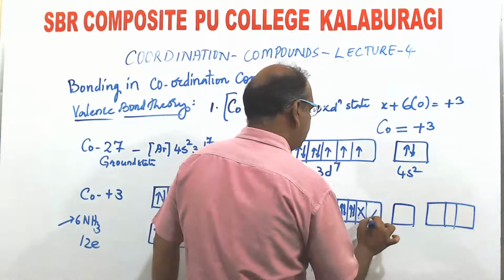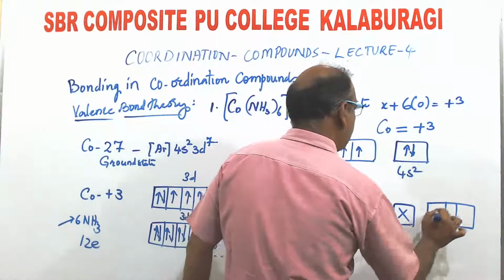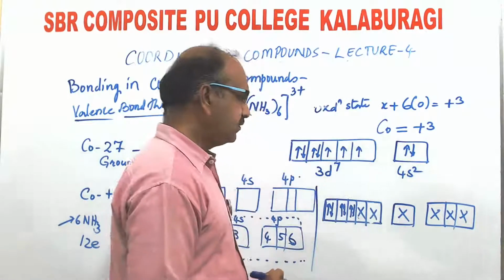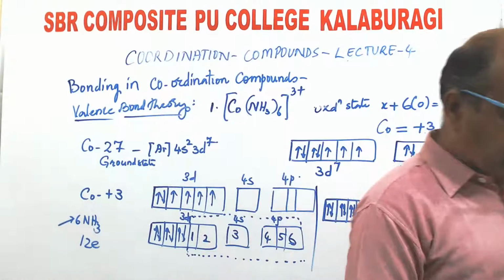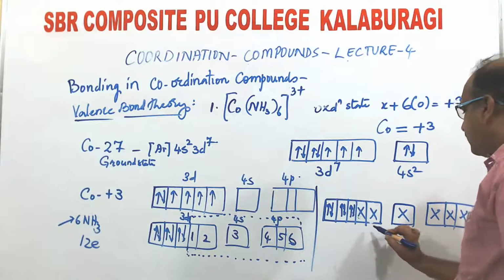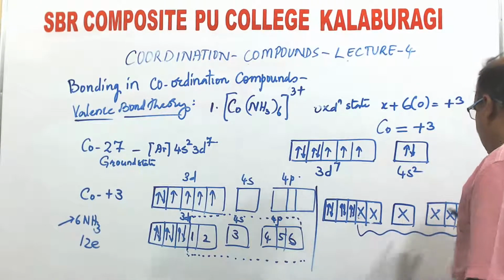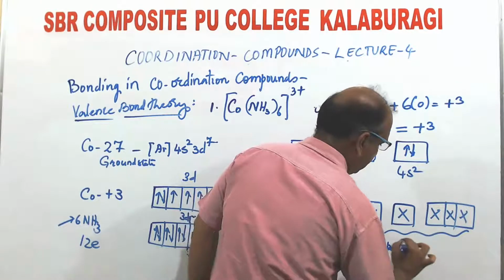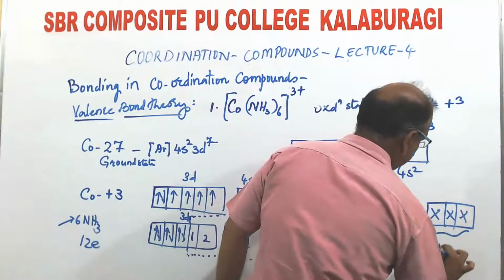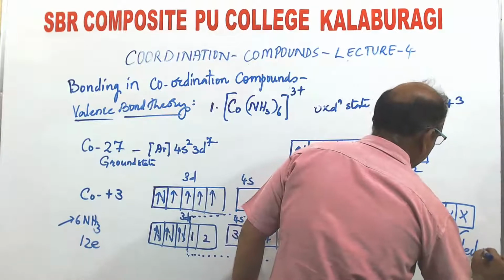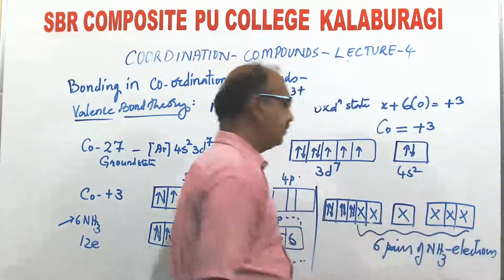Now these are going to be occupied by the x that I am writing, each x being 2 electrons. Those electrons are from the ammonia. 6 pairs of electrons are being brought from the 6 NH3, and these 6 pairs of NH3 electrons overlap here.